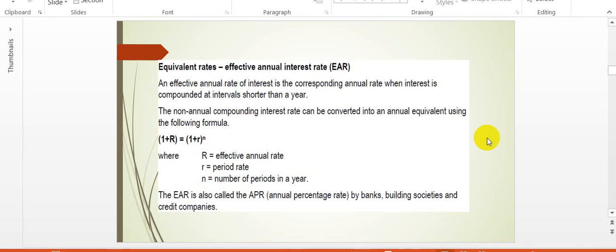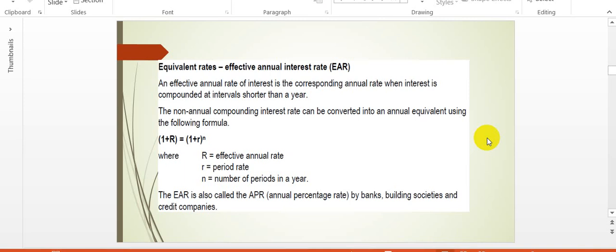The formula being 1 plus R, the capital R being the effective annual rate, equals 1 plus small r, the small r being the period rate, to the power n, being the number of periods in a year. So when computing the effective annual rate, we make the effective annual rate, the big R, the subject of the formula by moving the 1 to the other side.